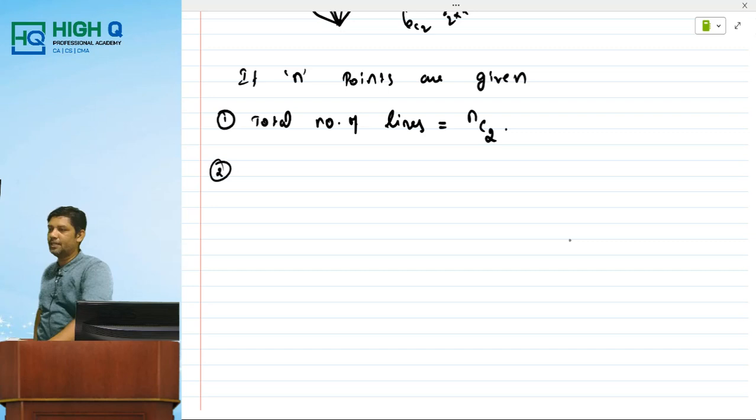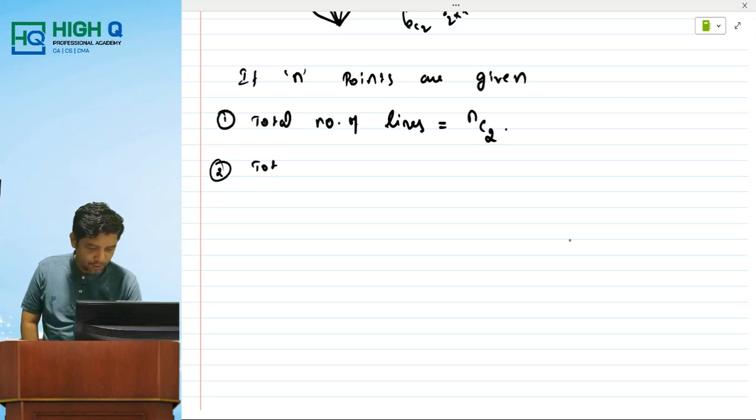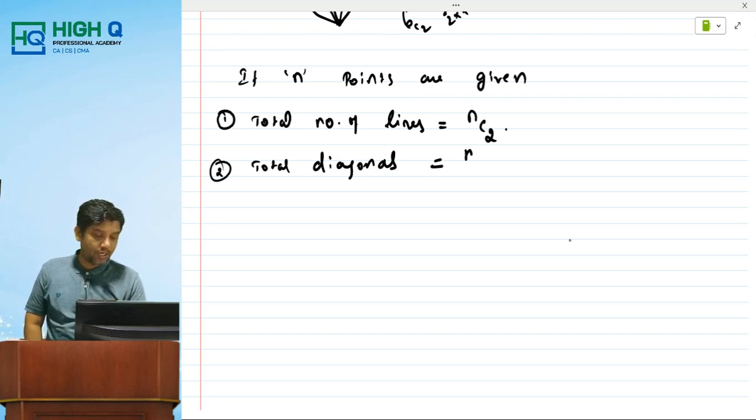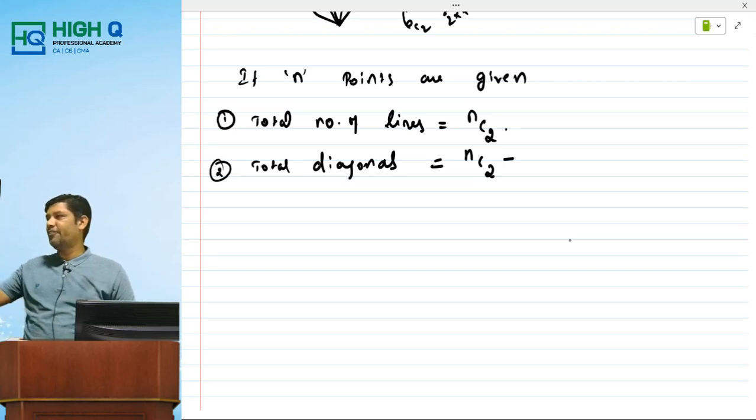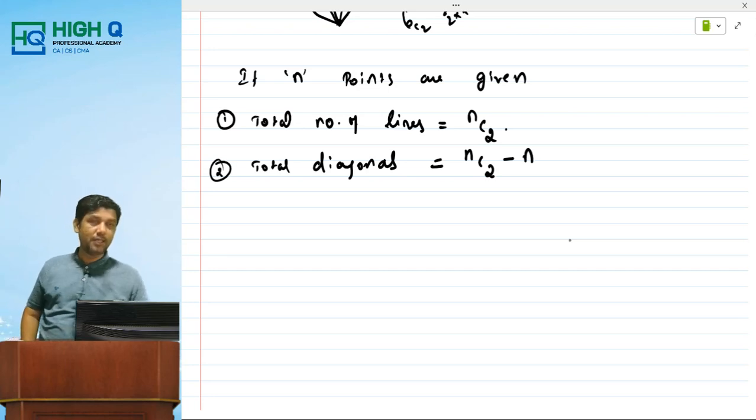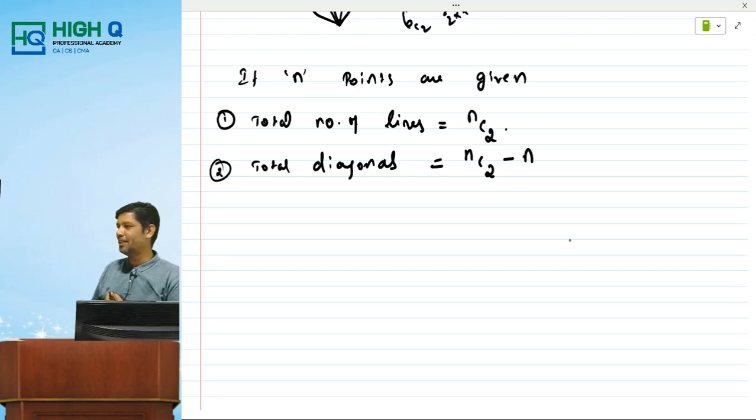Say yes or no. So total diagonals is equal to total number of lines minus number of sides. Listen here, if 4 points are given, you get 4 sides. 5 points are given, you get 5 sides. n points are given, you get n sides. So the formula is nC2 minus n. Do you all agree, my dear?